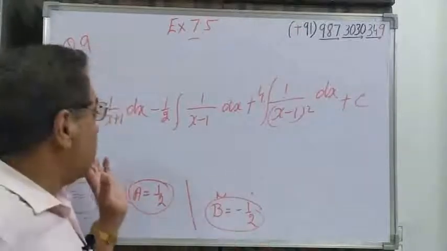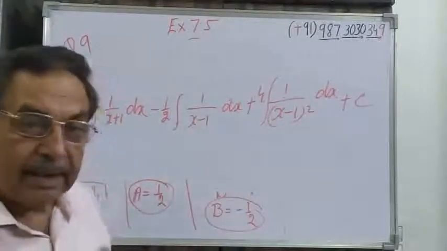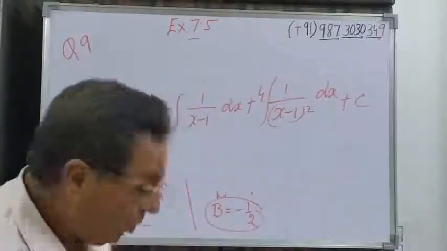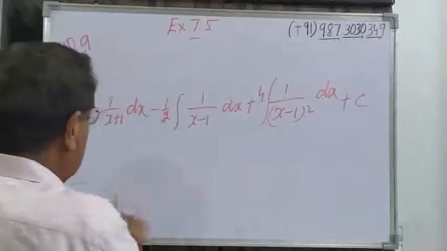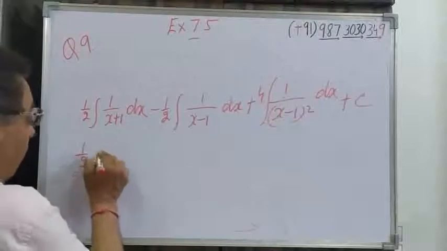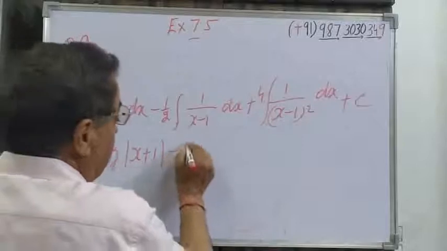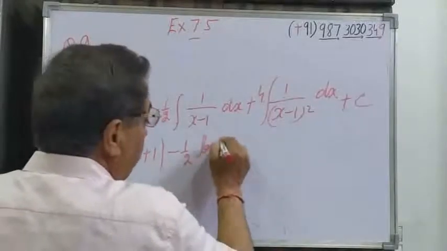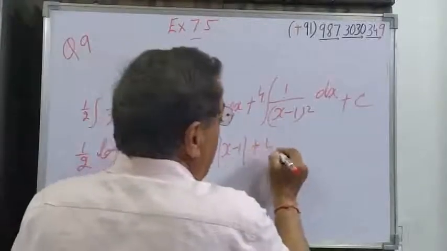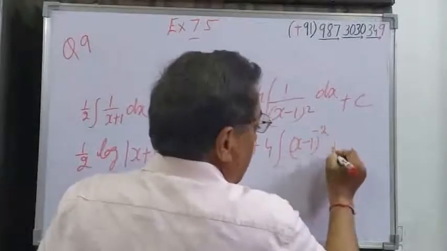When I resolve the question into partial fractions, it becomes like this. Now we can integrate it very easily. So how to do the integration of these terms? Half 1 by x plus 1 will be written as half log of x plus 1, minus half log of x minus 1, and this would be 4 integration of x minus 1 raised to power minus 2.